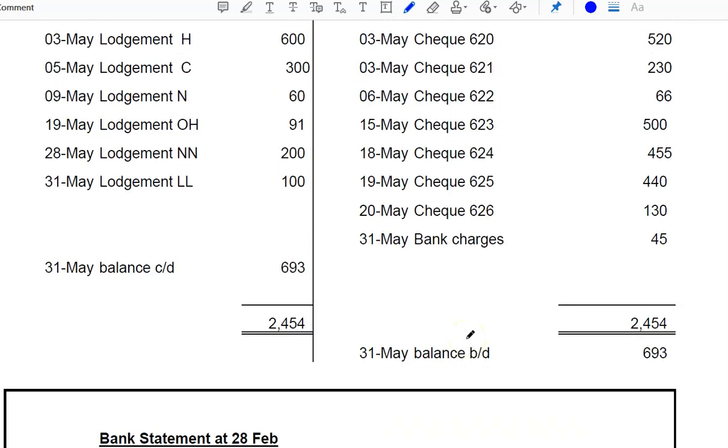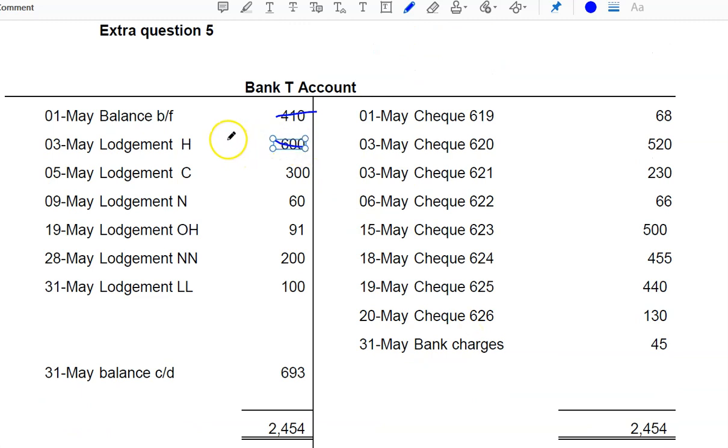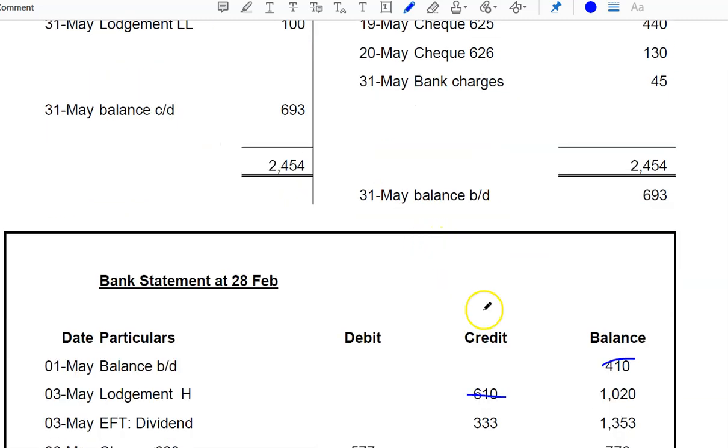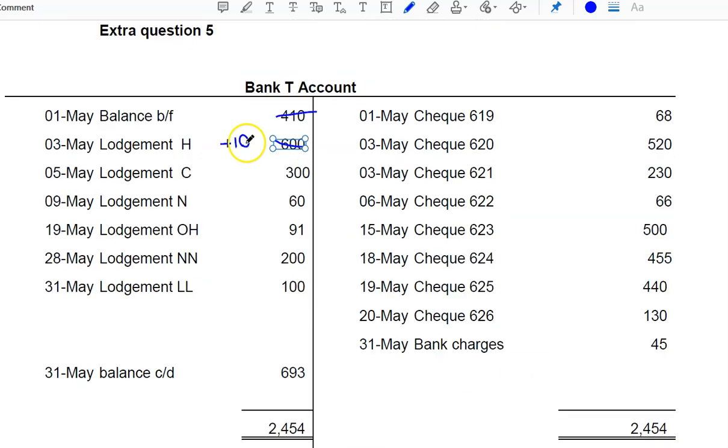There's a difference, but always cross it off, and that needs to go up by 10. So we always assume the bank statement is right. We recorded 600, 610 is what was lodged, so we should have recorded 610, so we need to increase the debit side by 10.